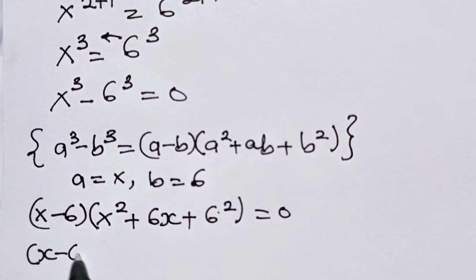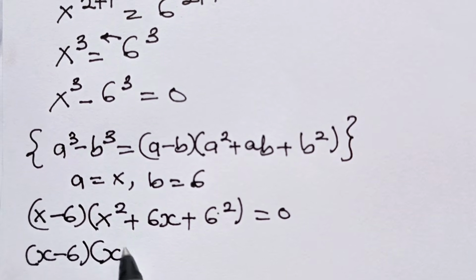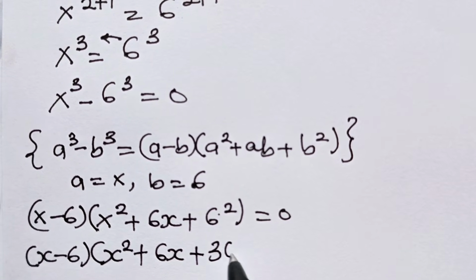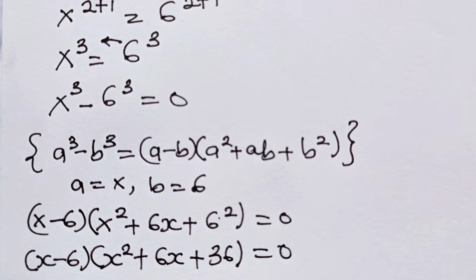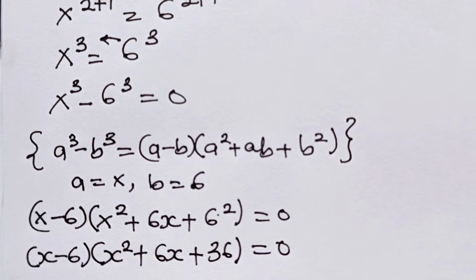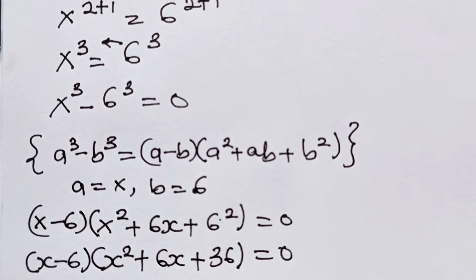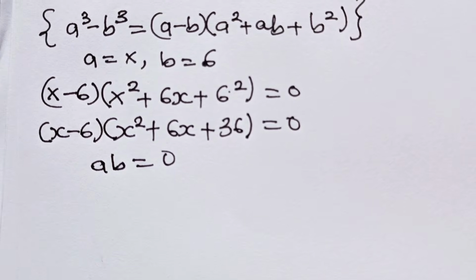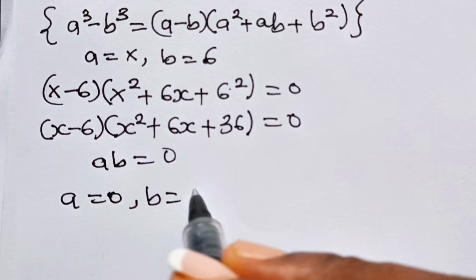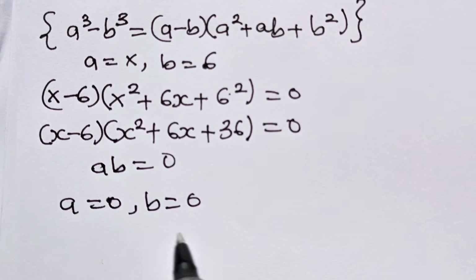So we have x minus 6 bracket x squared plus 6x plus 36 is equal to 0. So this implies, when you say that AB is equal to 0, it simply means that either A is equal to 0 or B is equal to 0.